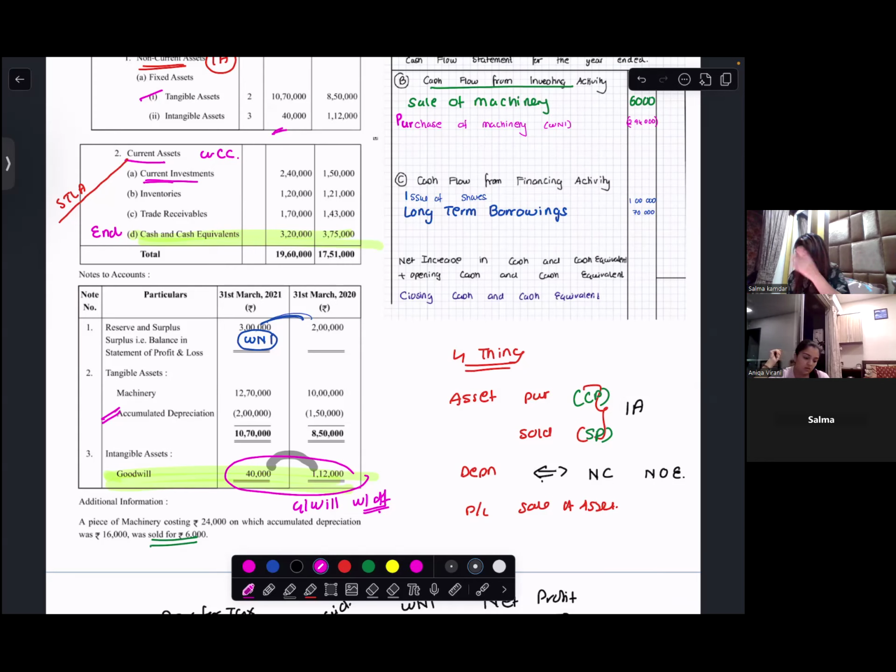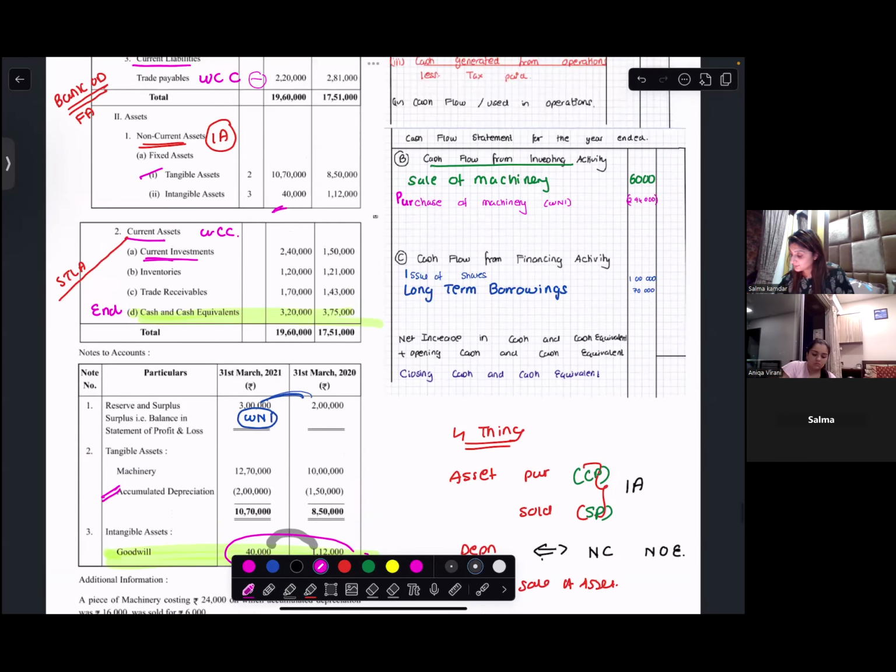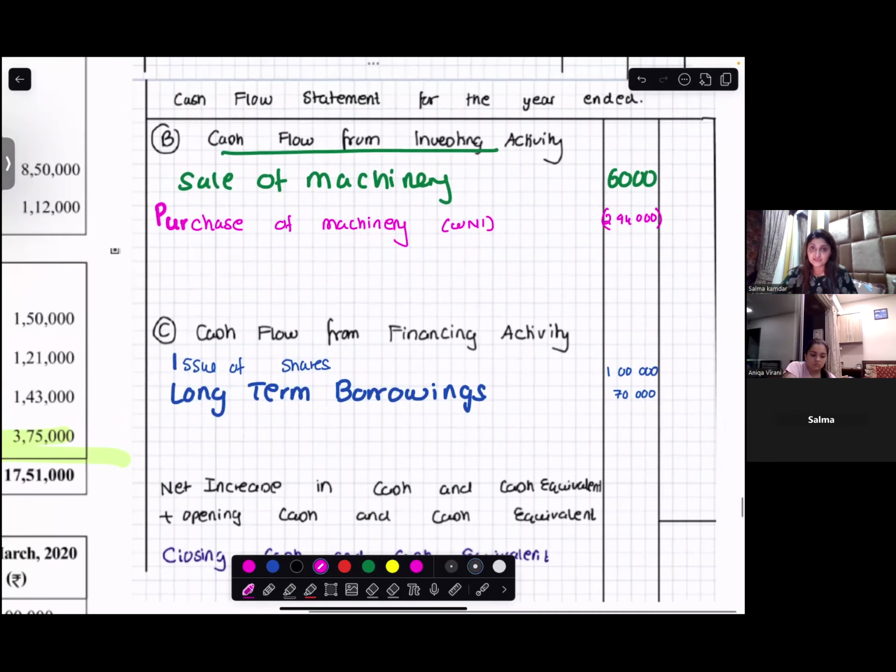So now we have discussed everything. We know what will go where. But here we were asked to prepare only two things: investing activities and financing activities.